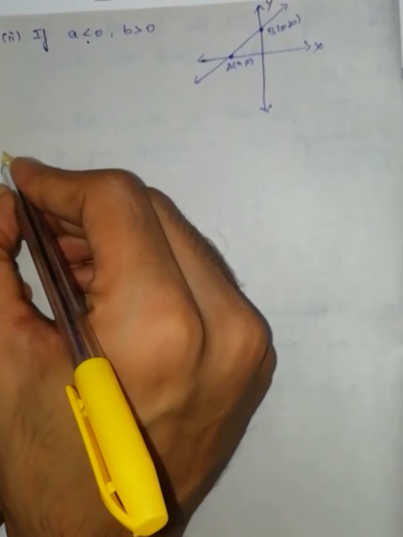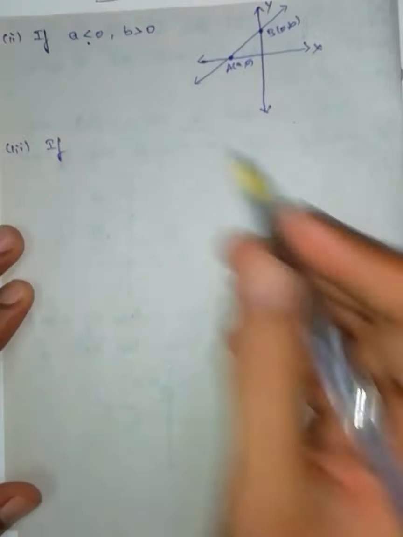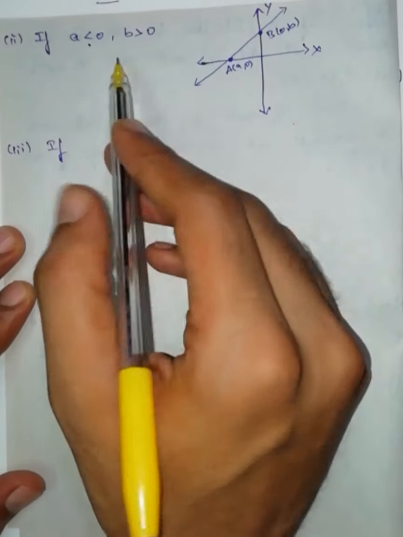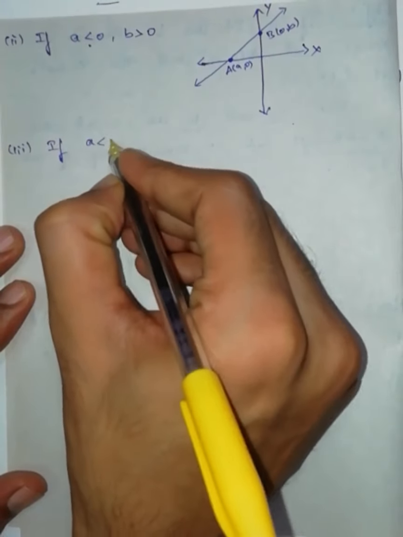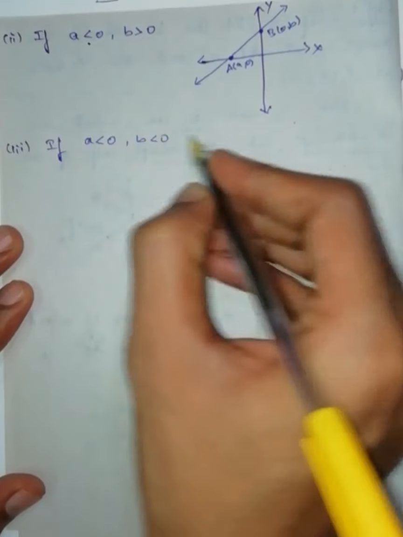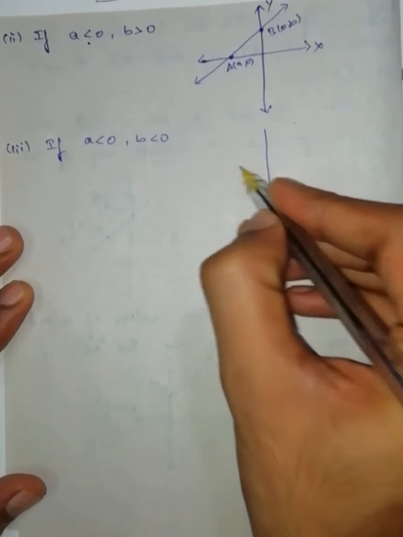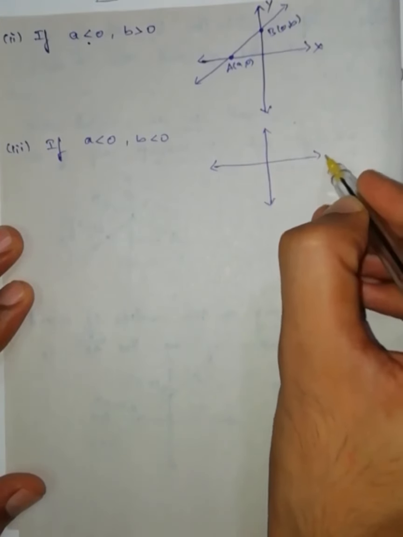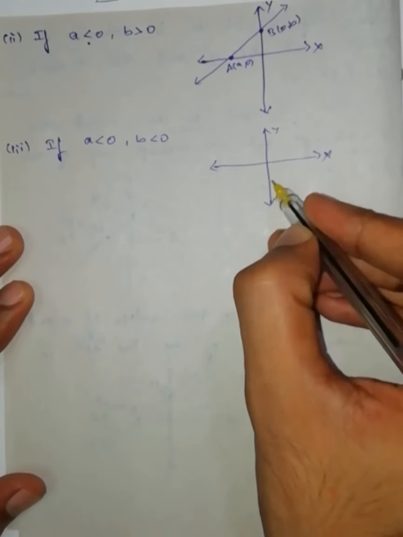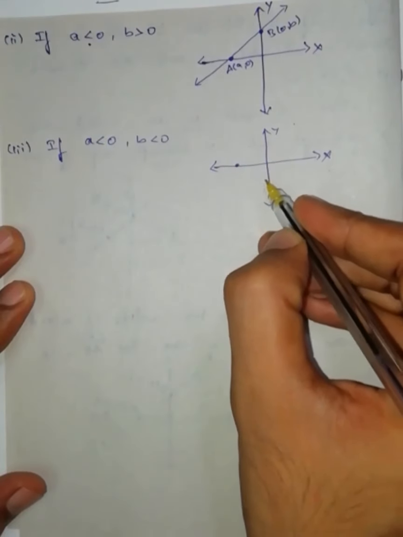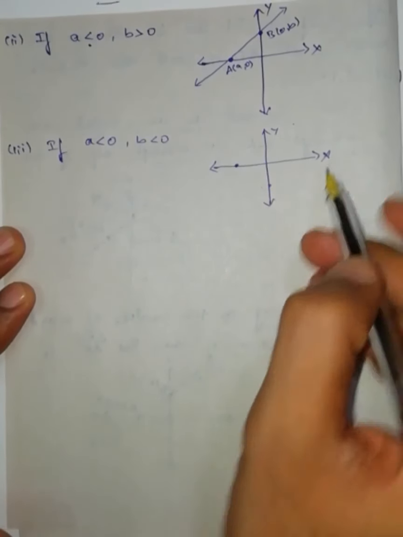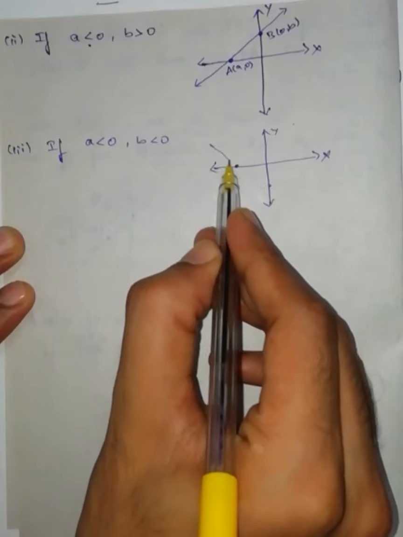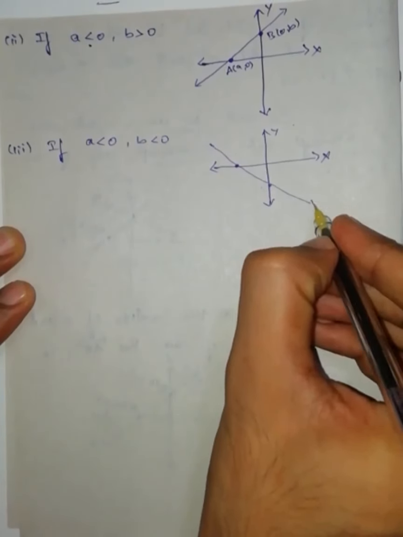Third one, if A is negative, B is negative, then A will be negative, the point will be here, B is negative, the point will be here, then the line will be this one.